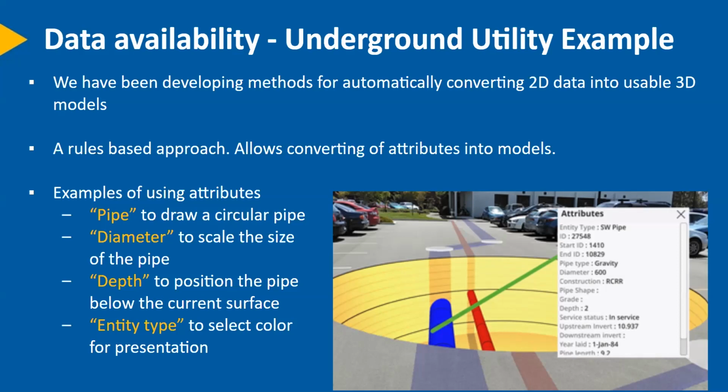But without that highly rich attribution, much of that is not possible. So if you'd like to use your data for augmented reality purposes, make sure that the information and the context that you'd like to deliver to the field users is available in that data set.